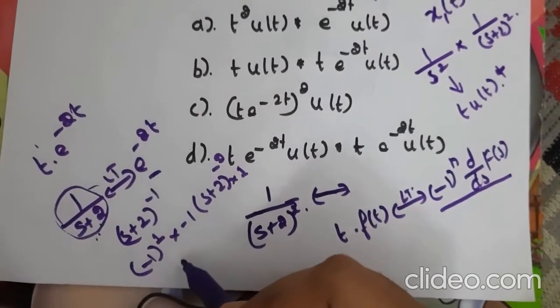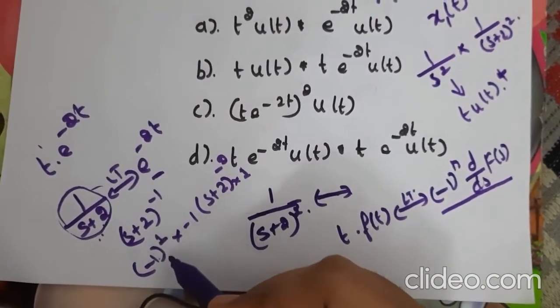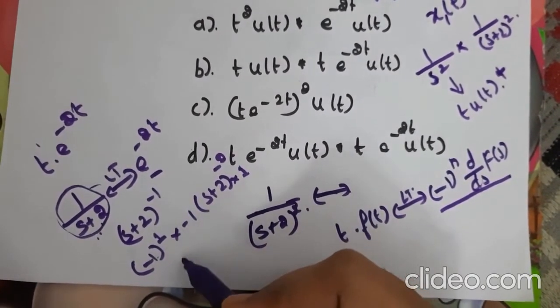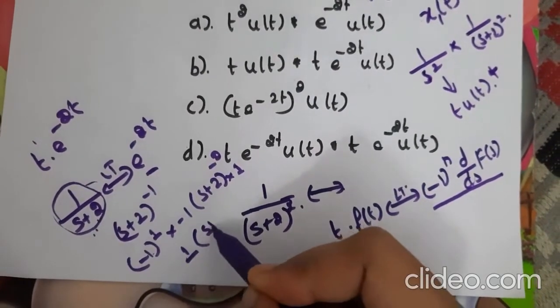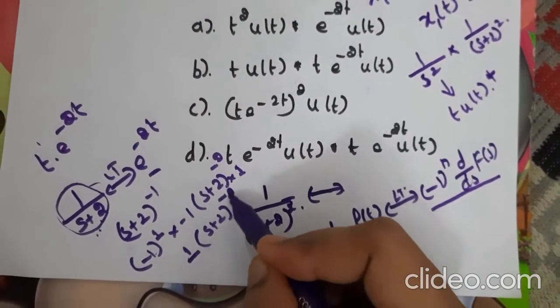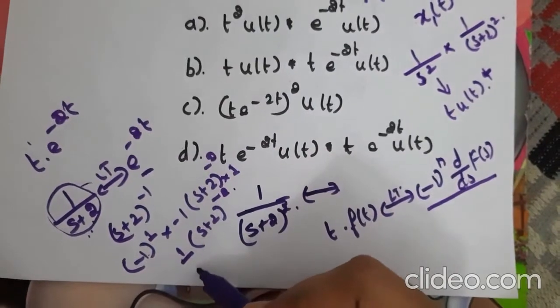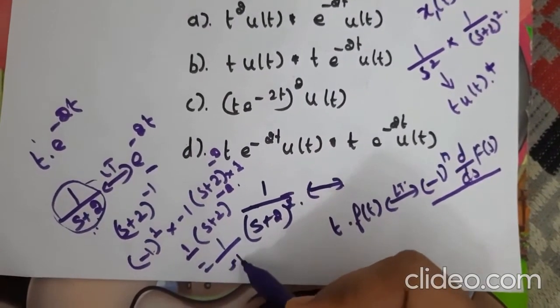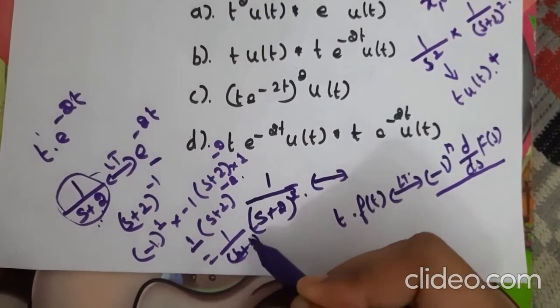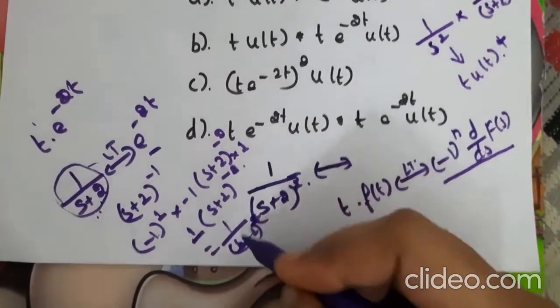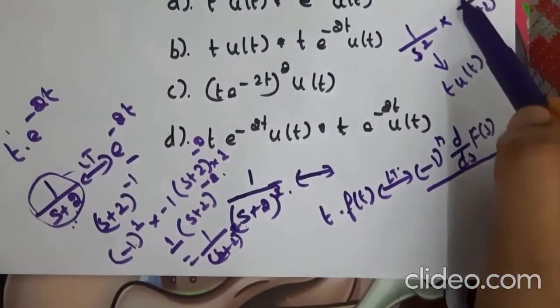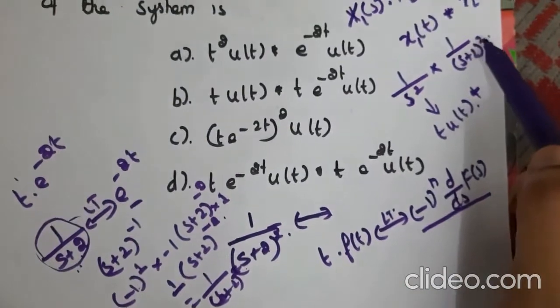So minus 1 power 1, that is minus 1, into minus 1 becomes 1, and we get (s plus 2) power minus 2. And this is nothing but 1 divided by (s plus 2) the whole square.